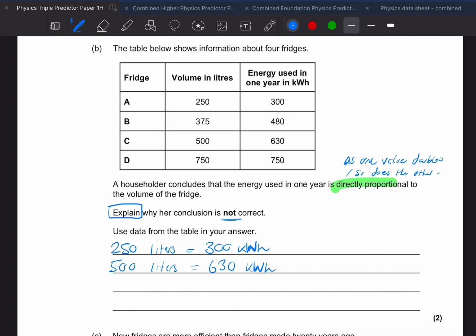So we've got those capitals on the watts. So doubling the litres does not double the energy used.